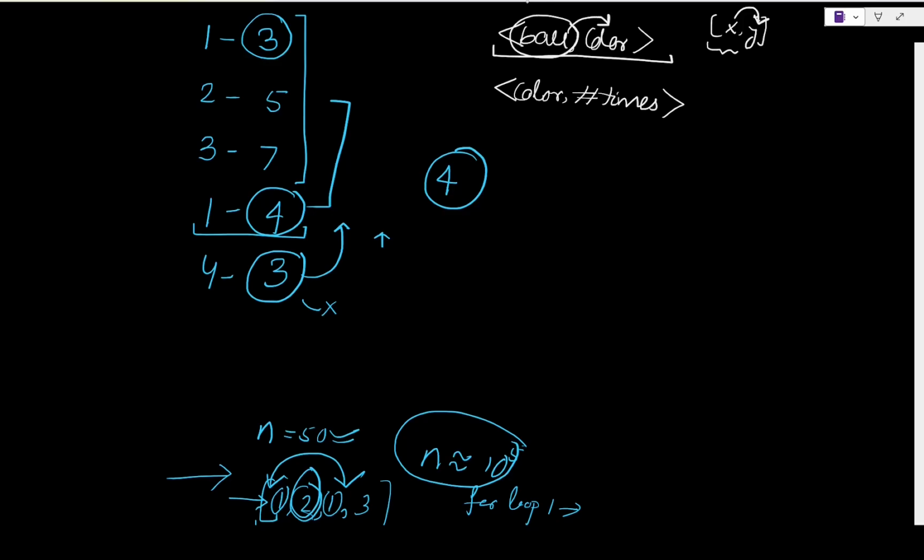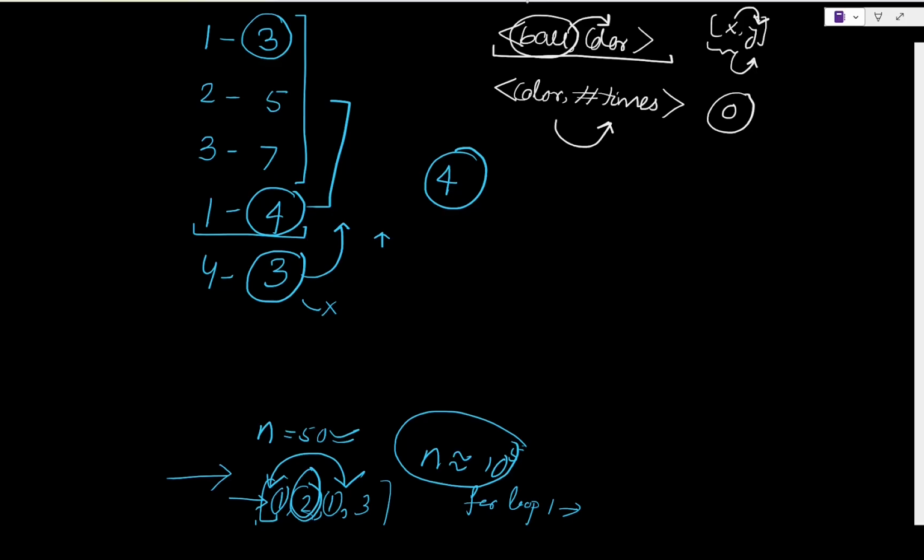Whatever color it was pointing to, that color's number of times has to be reduced by 1, because we are changing it. If that color's total number of times becomes 0, it has to be removed from the map altogether, because it's not a distinct color anymore.